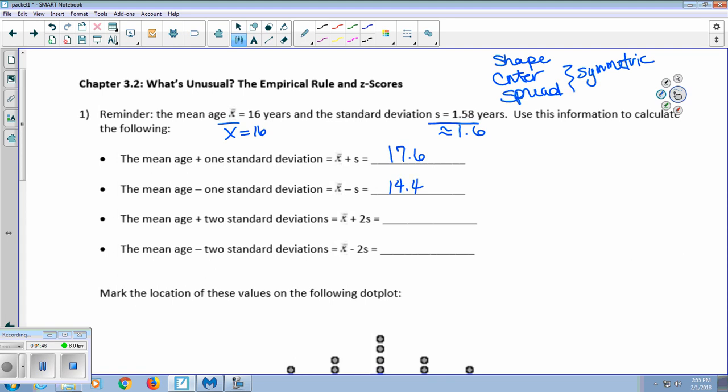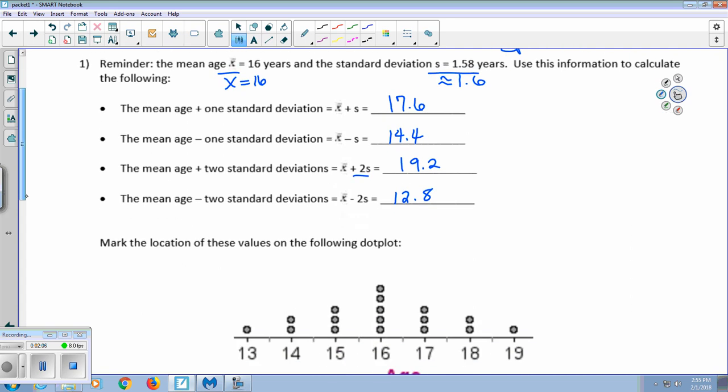Now we're going to look at the mean plus two standard deviations. So we're going to multiply the standard deviation by 2 and add it to the mean. And we're going to multiply the standard deviation by 2 and subtract it from the mean. There's a dot plot below with our data on it.